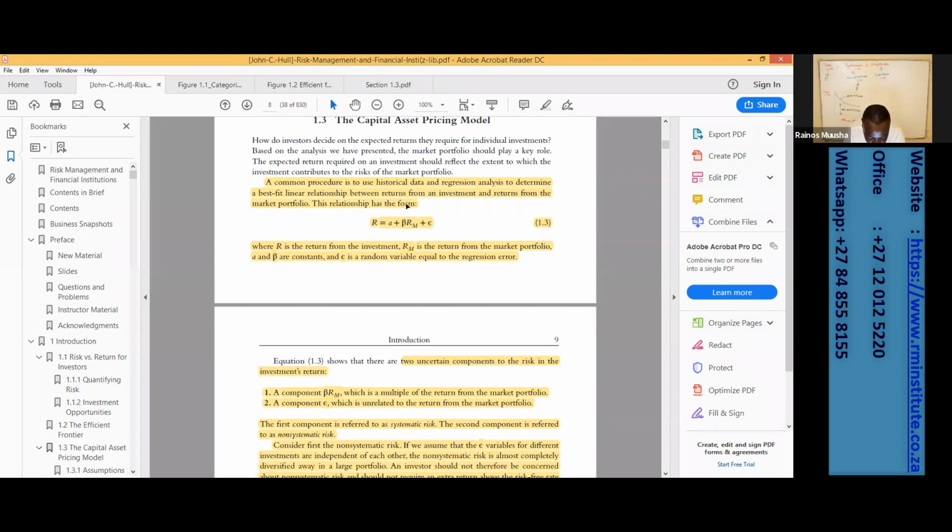So this relationship has the form where the return is given as a plus beta multiplied by the return on the market portfolio plus an error term, or random term, right? Where R is the return from the investment, RM is the return from the market portfolio, a and b are constants, and e is the random variable equal to the regression error.